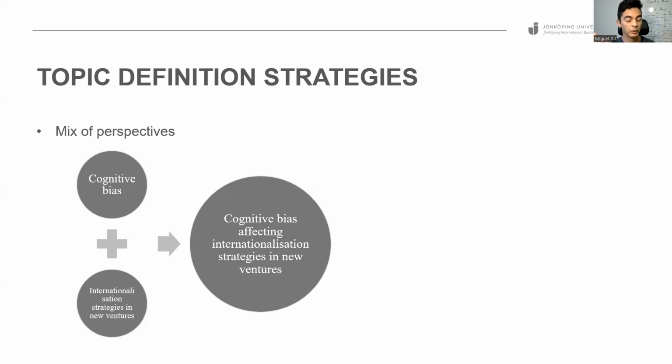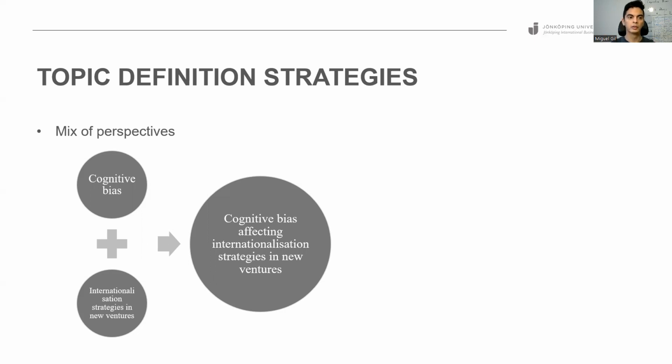There are different cognitive biases, and you want to analyze if cognitive bias affects how new companies become international. That's actually a real-life topic, of a working paper that I am doing right now, where I am trying to understand if the presence of a cognitive bias affects the strategy of internationalization in new ventures. So what is going on in here?